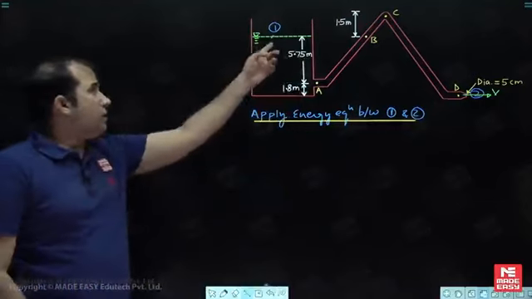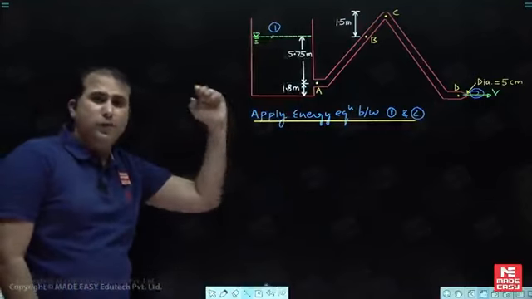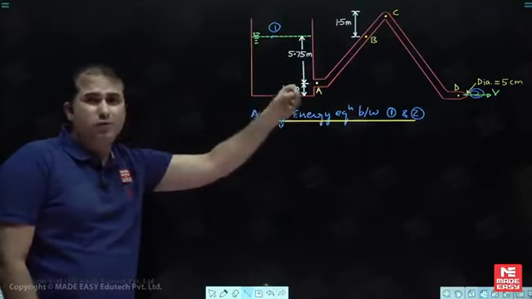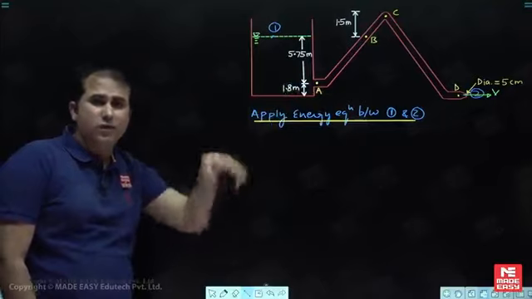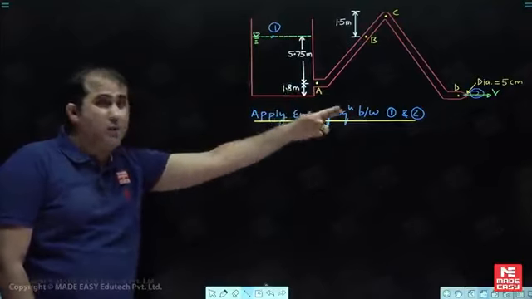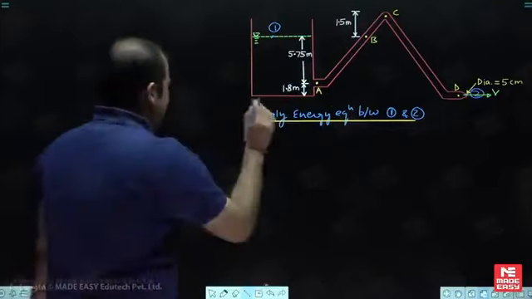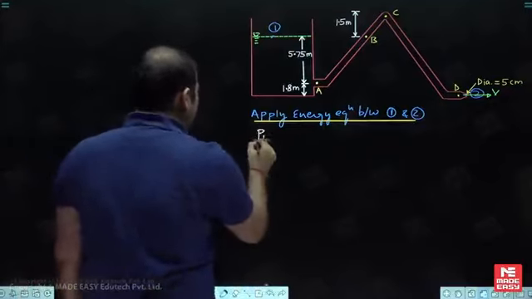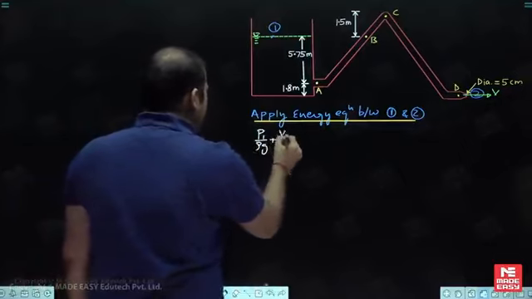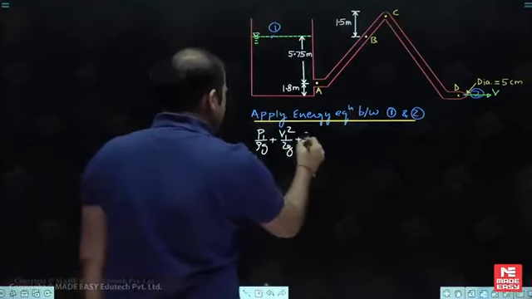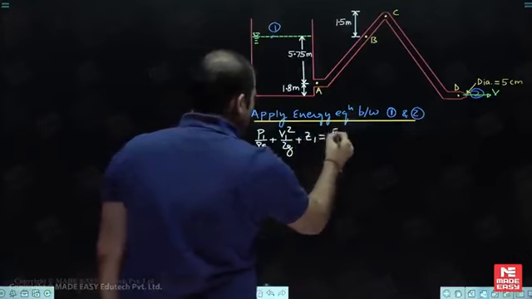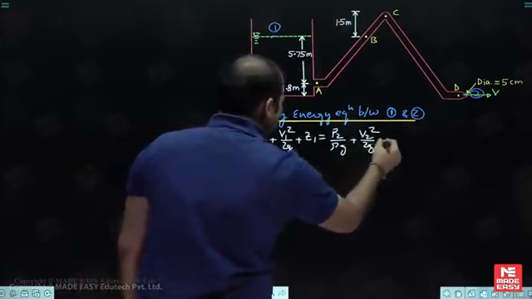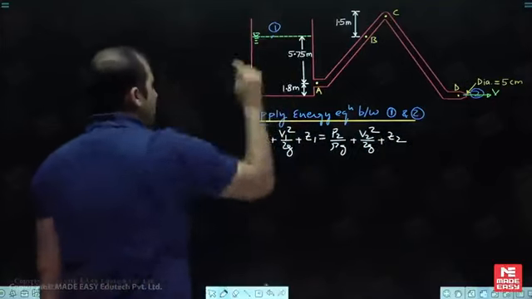So my dear, here the energy will be P1 by rho g plus V1 square by 2g plus Z1, equal to P2 by rho g plus V2 square by 2g plus Z2. No losses there, so whatever be the energy here, the same is the energy there. My dear, pressure here is what?